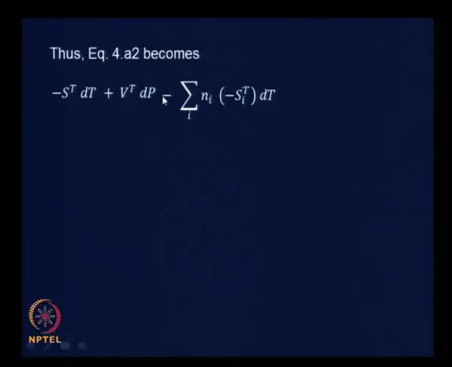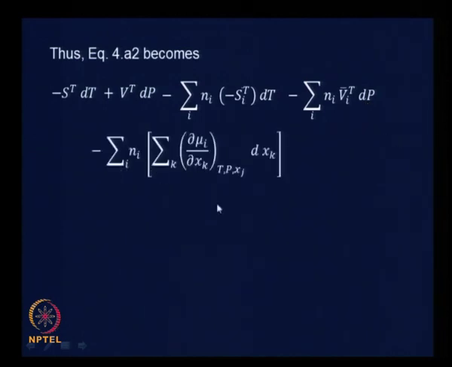So the third term was minus sum over Ni of minus Sit dt, and the fourth term, from the other reciprocity relationship, minus sum over Ni Vit dp, minus sum over i Ni sum over k dou mu i dou xk at constant T, p, all other xj's, dxk, of course equals 0.